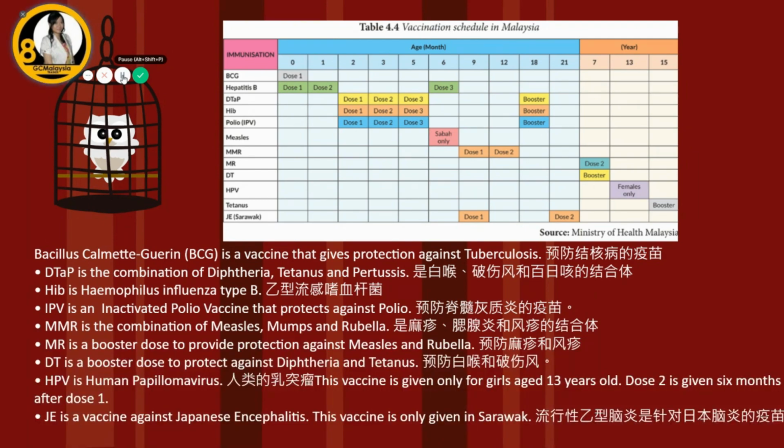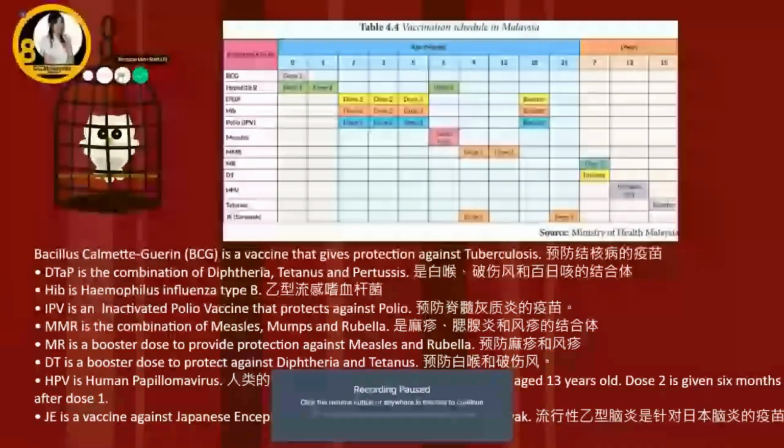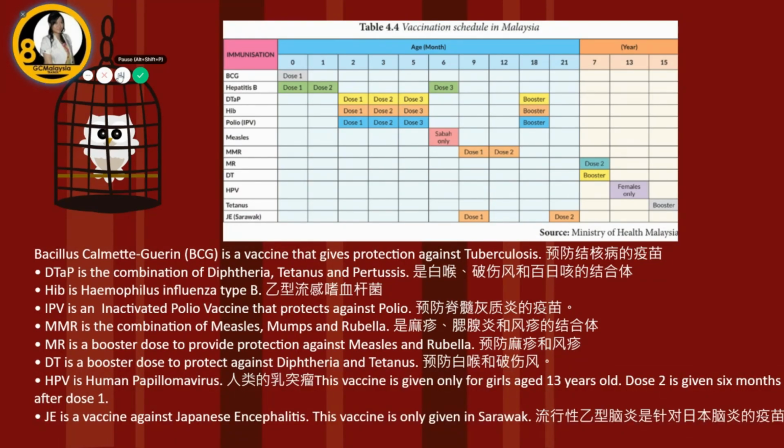This vaccine is given only for girls aged 13 years old. Dose 2 is given 6 months after dose 1. JE is vaccine against Japanese encephalitis.